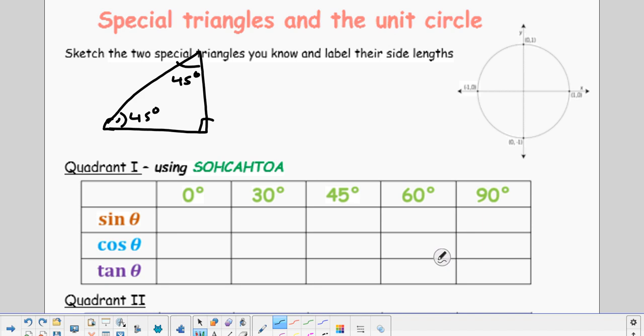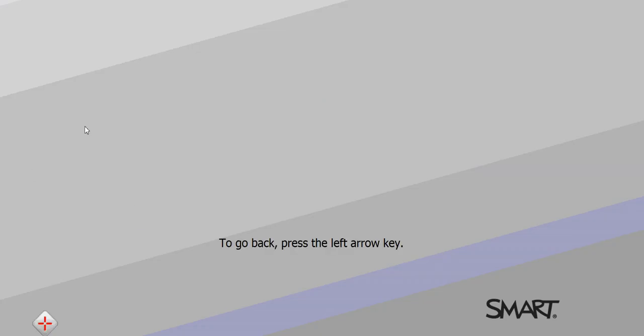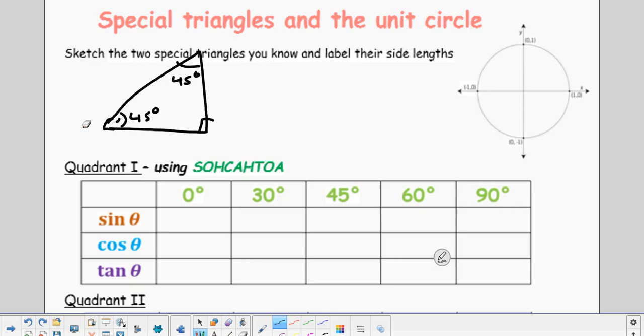What's the other triangle? 60-30, yeah. The 60-30 one is the one I draw quite exaggerated, so you can see which side is the longer side and which side is the shortest side.